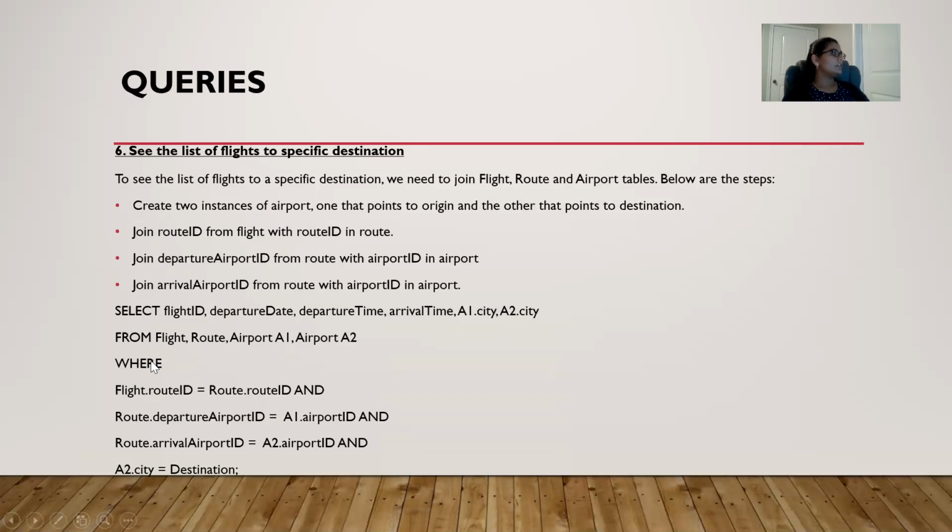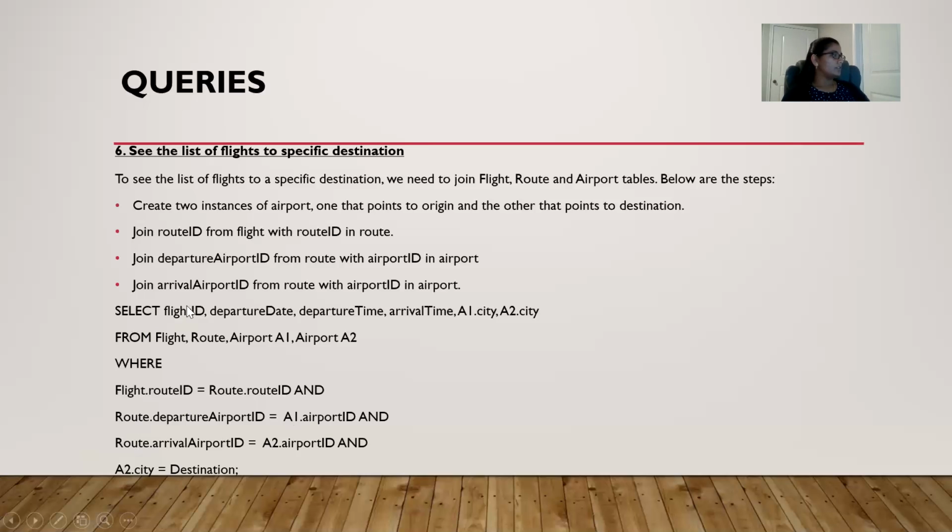Then we join route ID from flight table with the route ID in route table, then join departure airport ID in route table with airport ID in airport table, and similarly we join arrival airport ID in route table with airport ID in airport table.